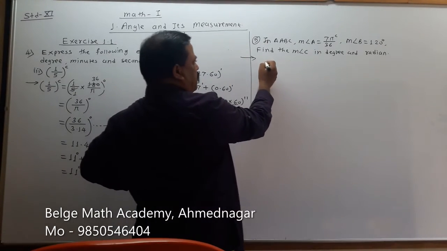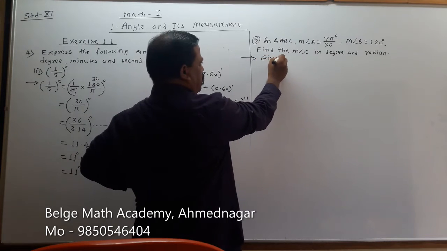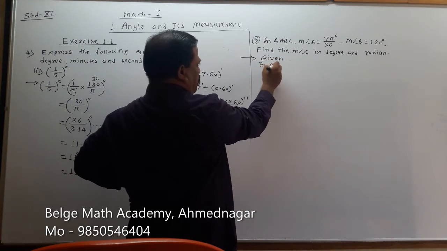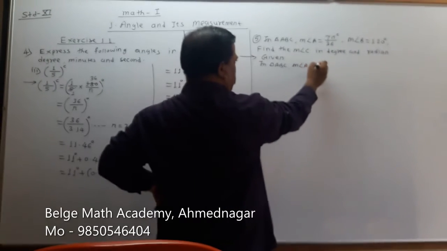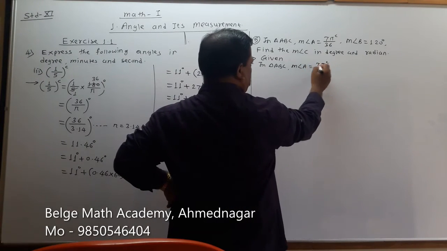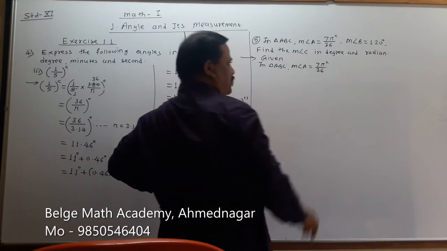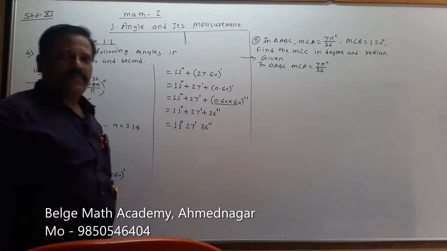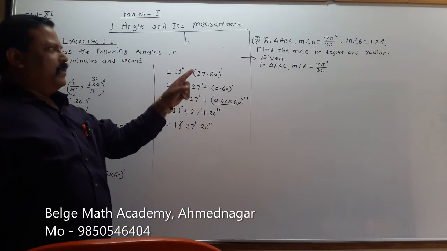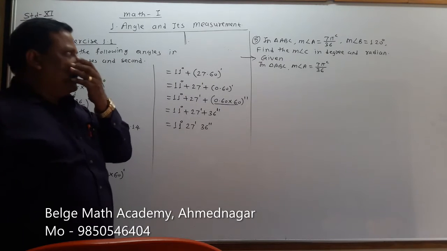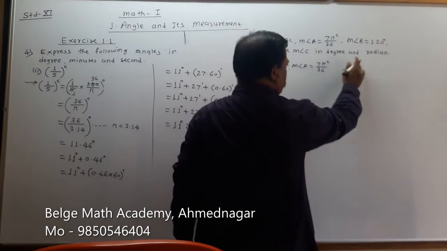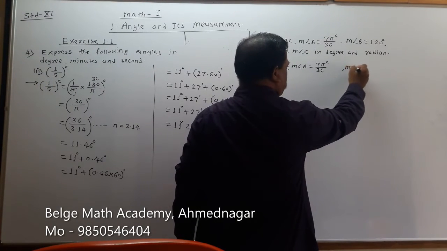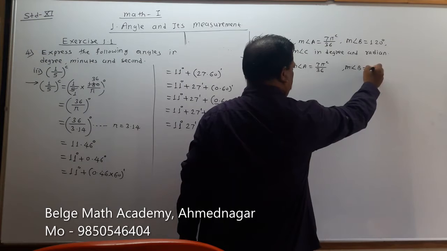Now see this. In triangle ABC, the measurement of angle A is 7 pi upon 36 radian, and the measurement of angle B is 120 degree.